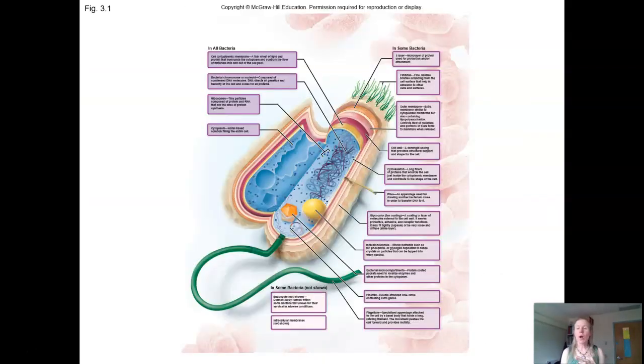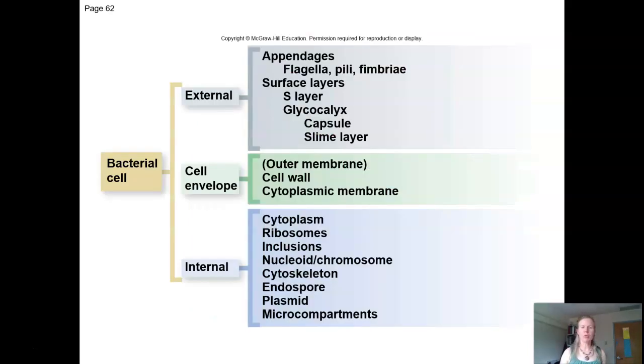Okay, so a lot of what this chapter goes through is that standard, what does your typical bacteria look like? What structures does it have? So we are going to run through this actually fairly quickly, and we're just going to use this as our outline here. So we're going to start on the very outside of the cell and work our way in, okay?